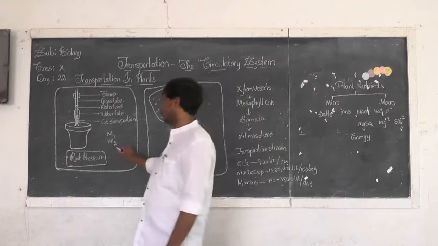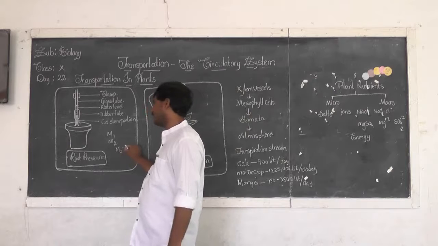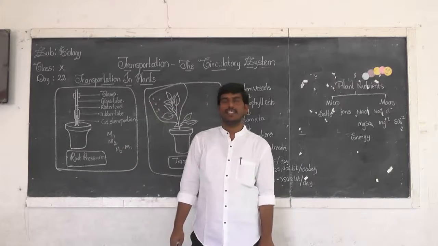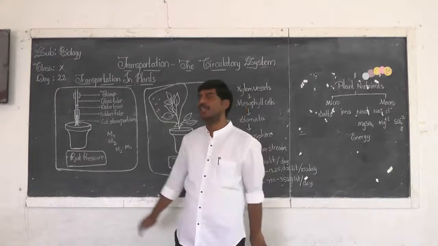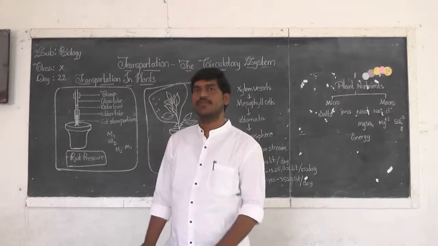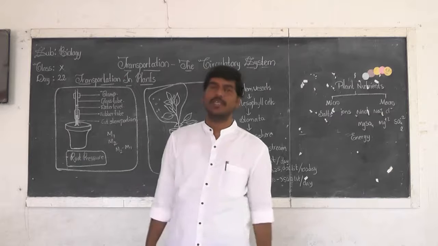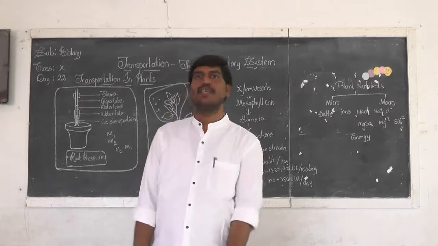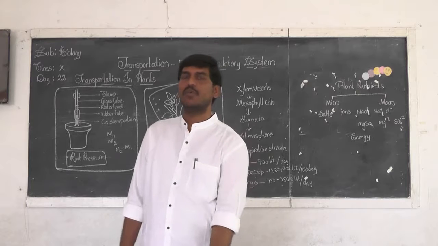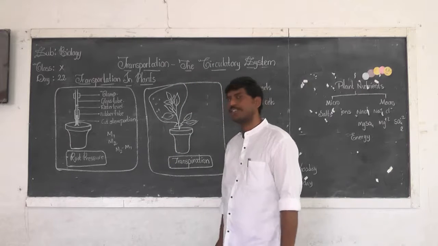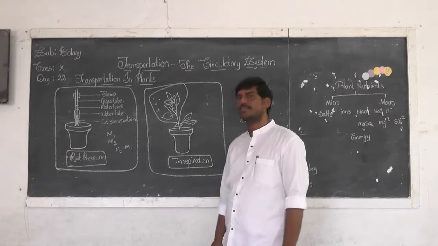Now the difference, that is M2 minus M1, because M2 is higher. So M2 minus M1 in a given time gives us the root pressure. With the help of this root pressure, the water is being pushed to the aerial parts of the plant body or to the stem portions. Like this, water is being absorbed and pushed with the help of a pressure, and that pressure is called root pressure.